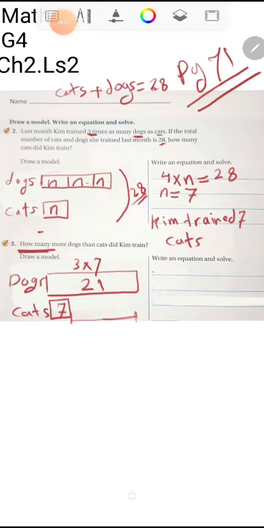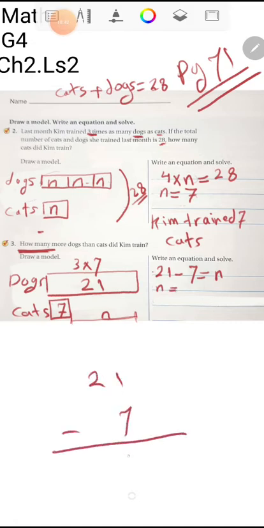So I have to subtract 7 from 21. So if I subtract 7 from 21 like this, the answer is 14. I think the subtraction will be very easy for you. So the unknown number will be 14.